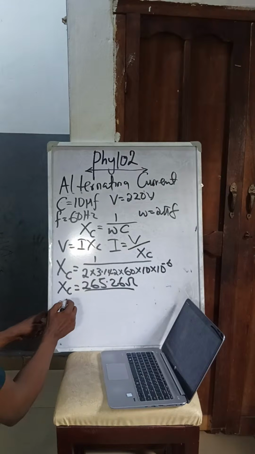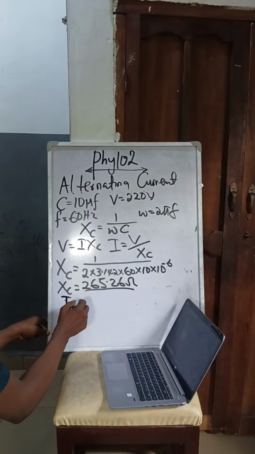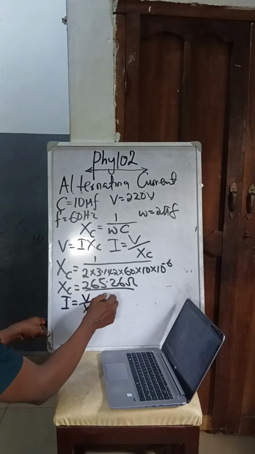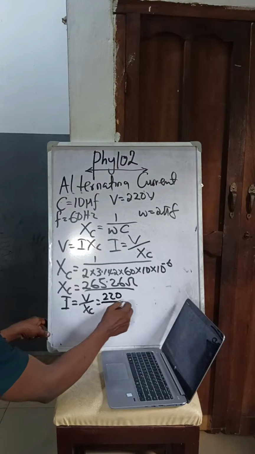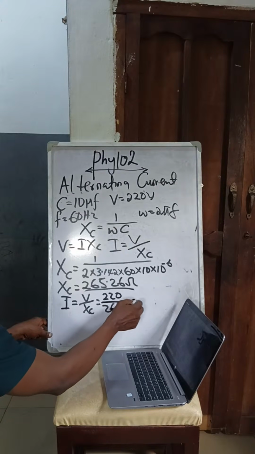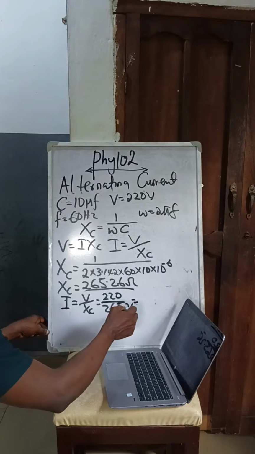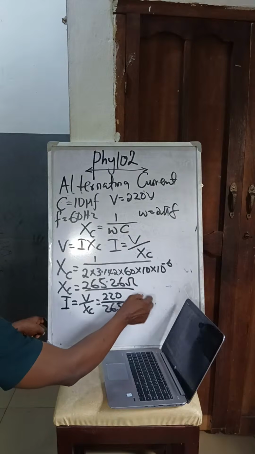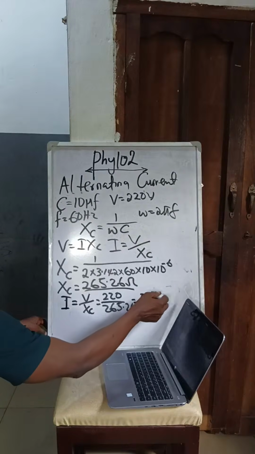So we'll now say I is equal to V over XC, which is 220 over 265.26, which will give us 0.83 ampere.